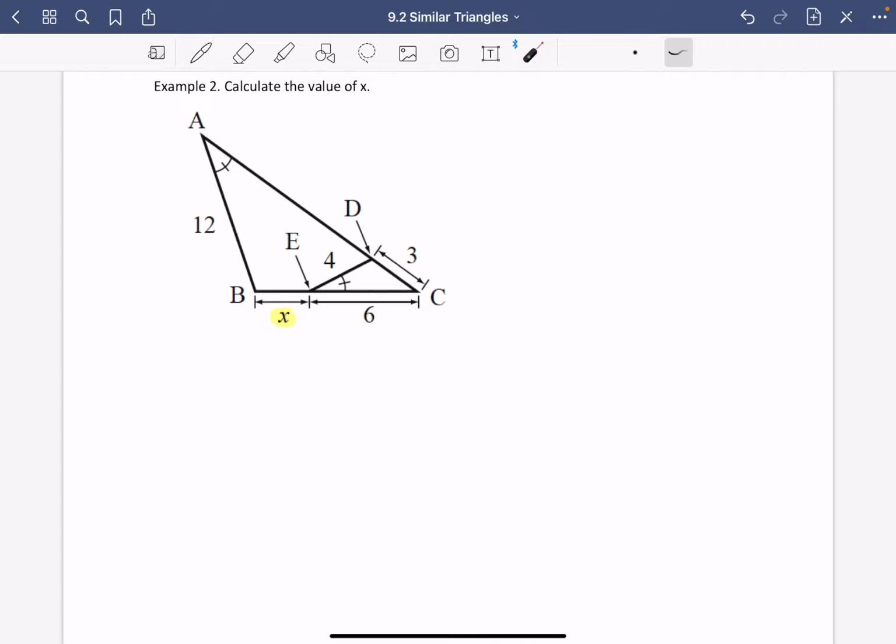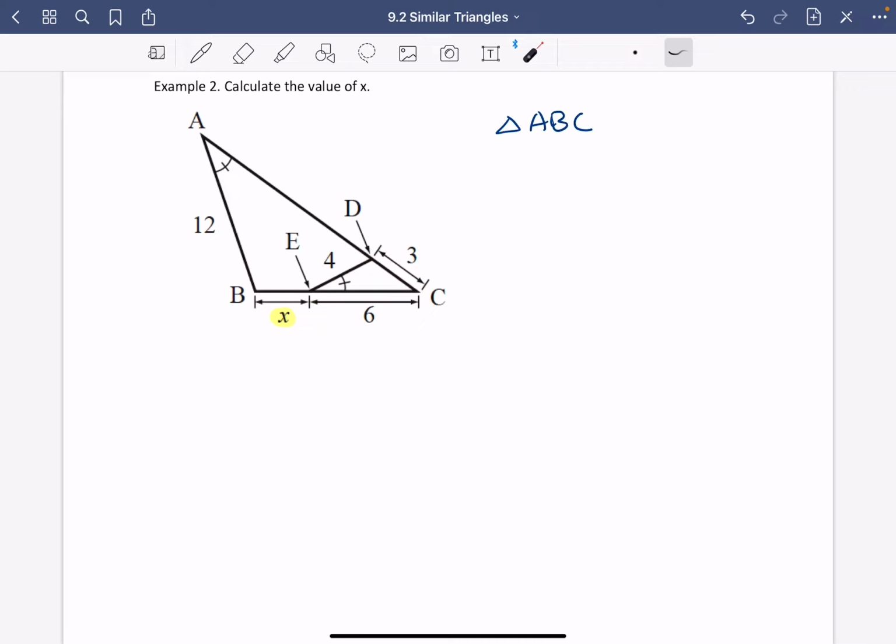We actually have two triangles here. One is triangle ABC, and the other triangle we have is this one, the small one, CDE.